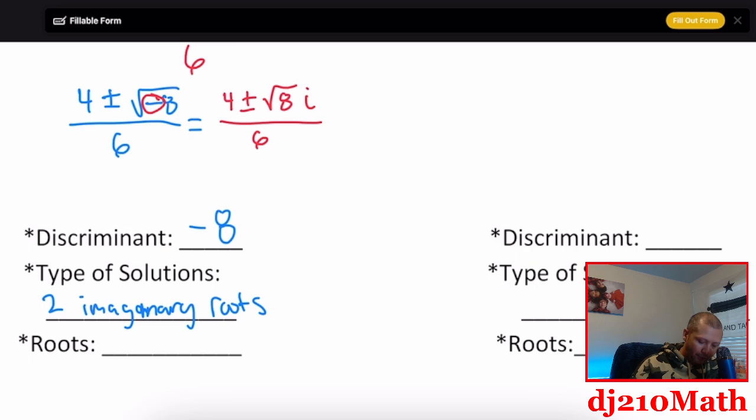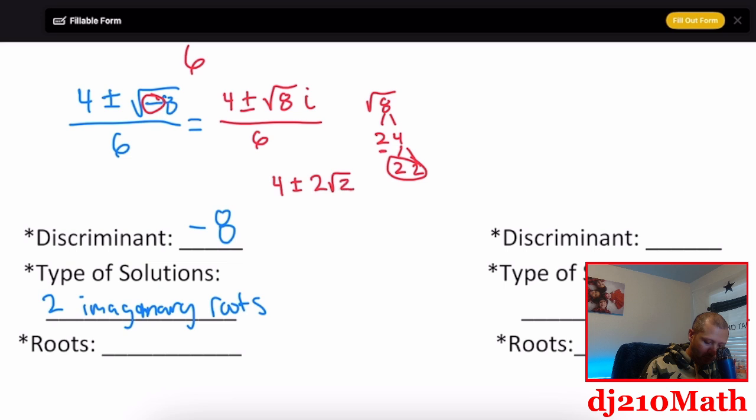However, you have to simplify √8. Right, square root of 8 simplifies to 2 and 4, 2 and 2. So a pair is going to come out. This 2 will stay inside. So we get 4 plus or minus 2√2i over 6. And then the last step is simplify if all 3 terms can be simplified, right?